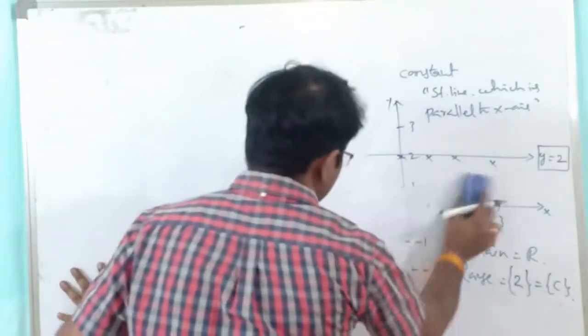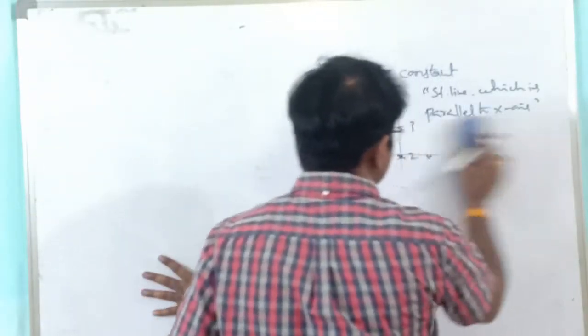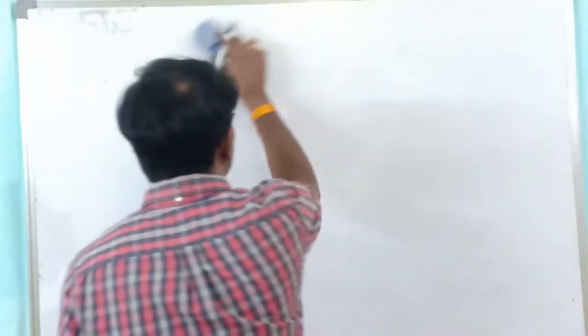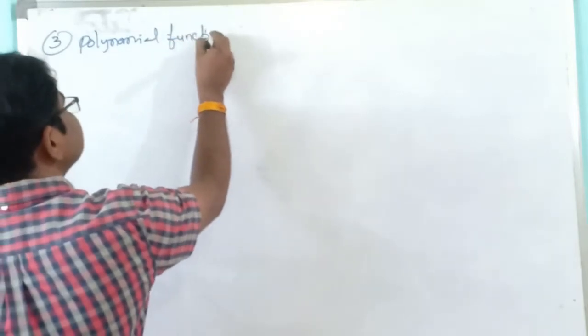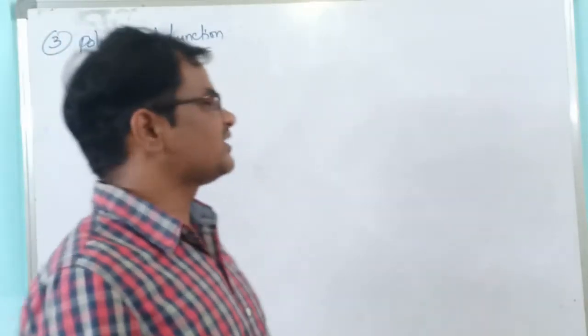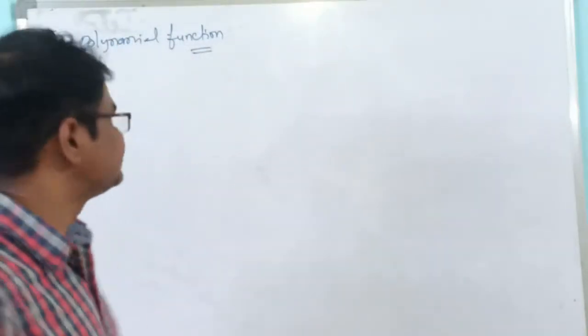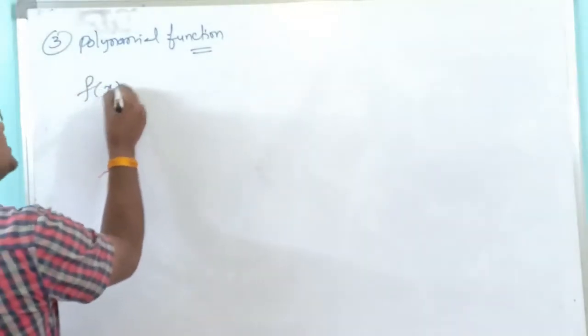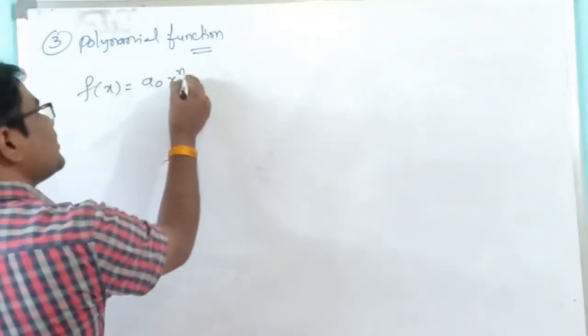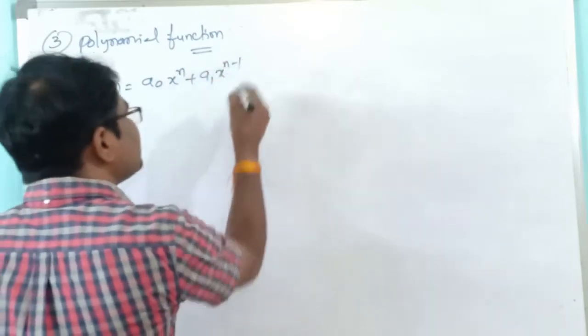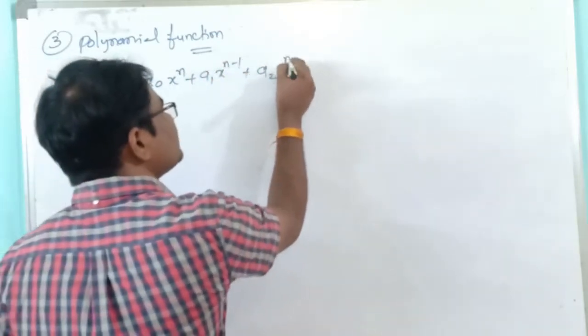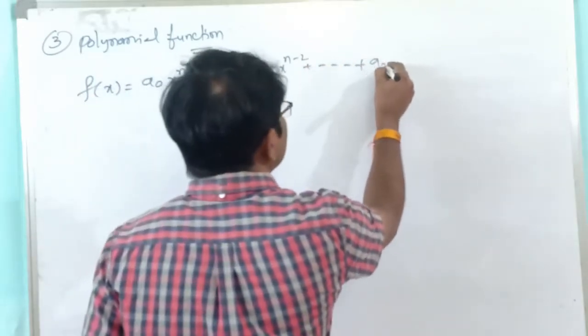Next, the third one, that is the polynomial function. A function f from R to R is said to be a polynomial function if f of x equal to a naught x to the power of n plus a1 x to the power of n minus 1 plus a2 x to the power of n minus 2 plus etc. plus an.